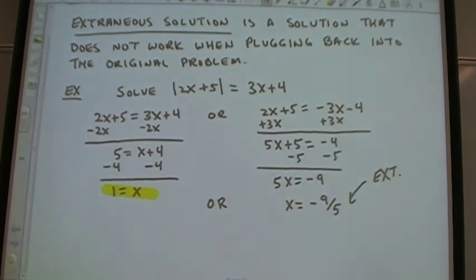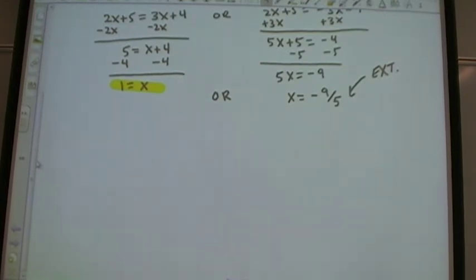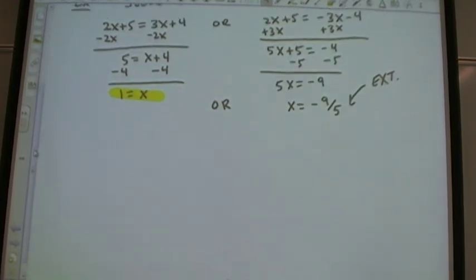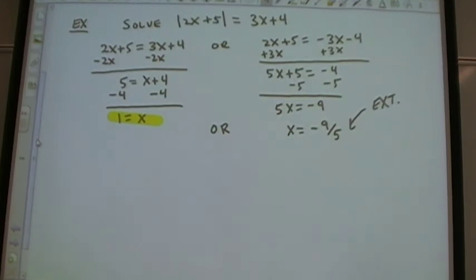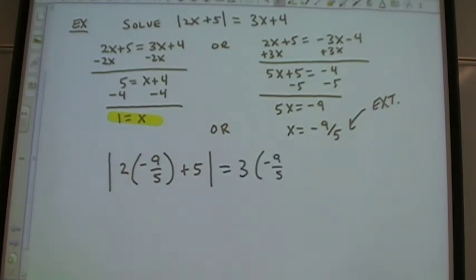So if I plug negative 9/5 in, let's do that work. You get the absolute value of 2 times negative 9/5 plus 5, does that equal 3 times negative 9/5 plus 4?